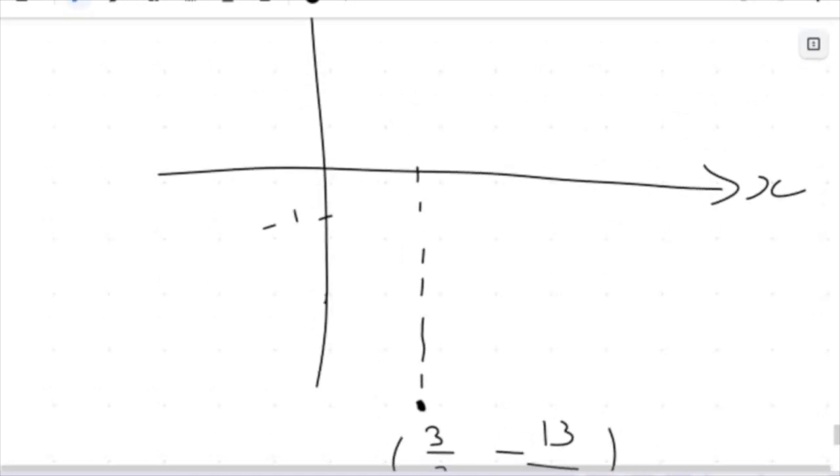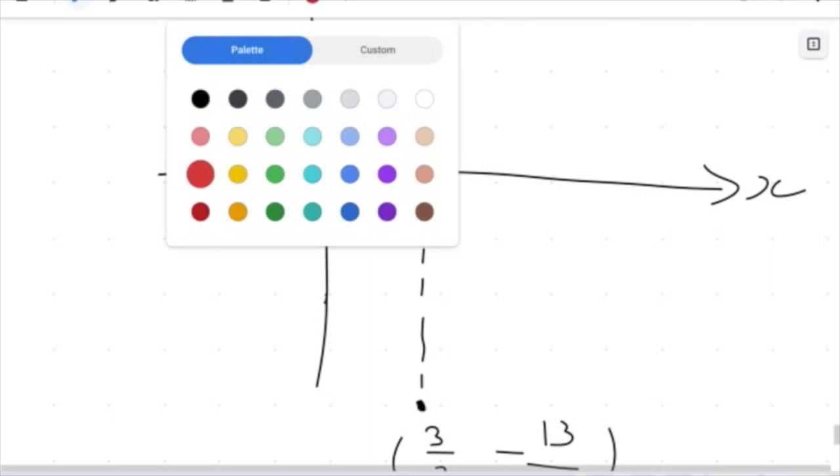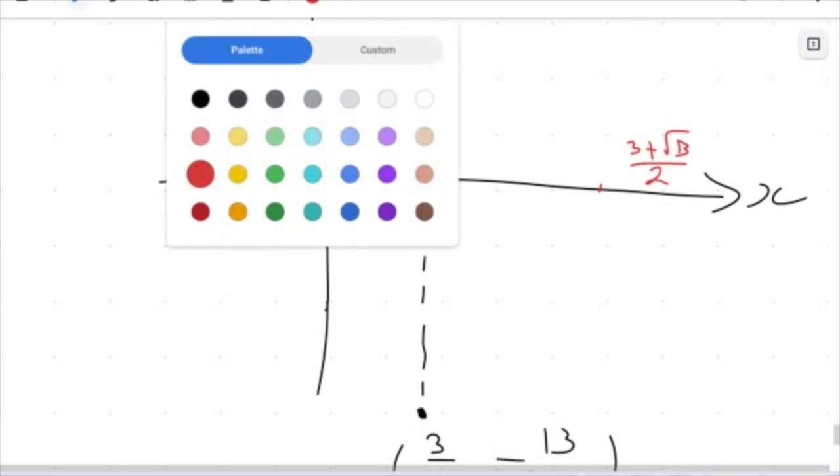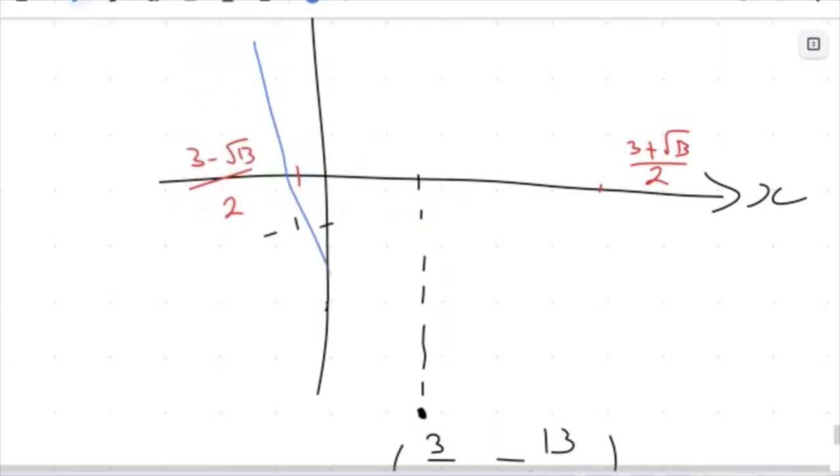And then we have our 2 x-intercepts. So one here is going to be 3 minus root 13 over 2. And here we have 3 plus root 13 over 2. And we're just going to sketch this off now. And we get something looking like this. I know my drawing's a bit dodgy, but all the key ideas are here.